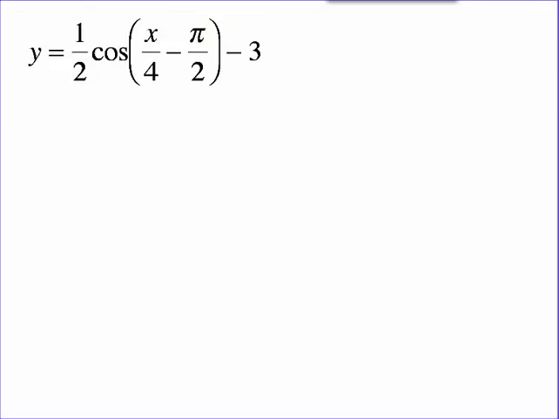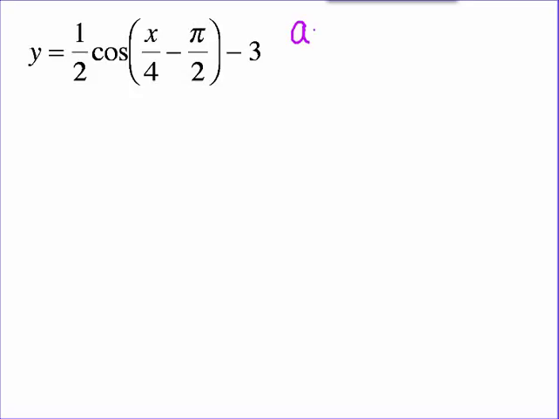Let's look at this one. So I first need to start with the amplitude.